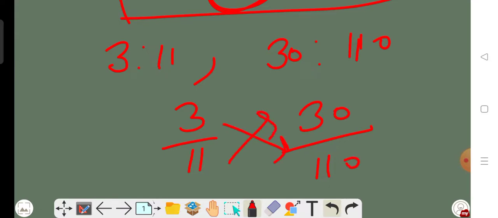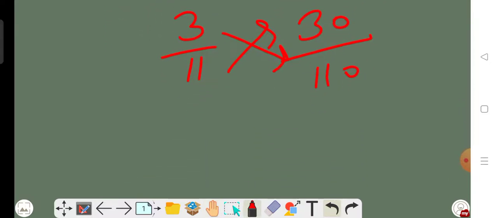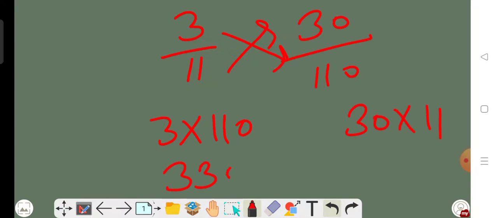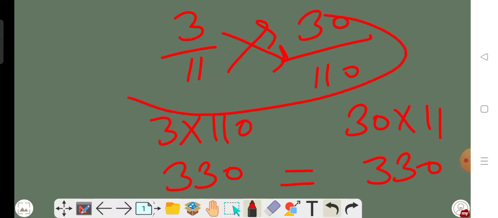Then cross multiply them. You will get 3 multiplied by 110 and 30 multiplied by 11. This is equal to 330 and this is also 330. Your left side and right side are both the same. So you can say these ratios are in proportion.